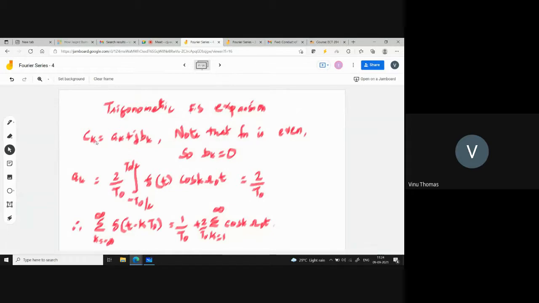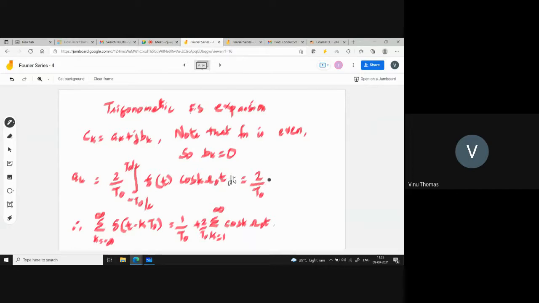So the function is even, so you can write Bk is equal to 0, and Ak you can evaluate as 2 by T0 integral over T0 x tilde of t cos k omega naught t dt, which evaluates to 2 by T0 because it is again sampling cos k omega naught t at t equal to 0.